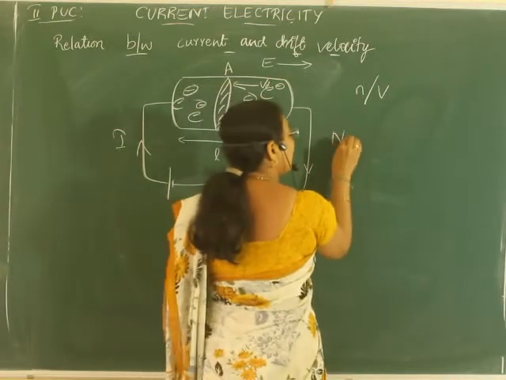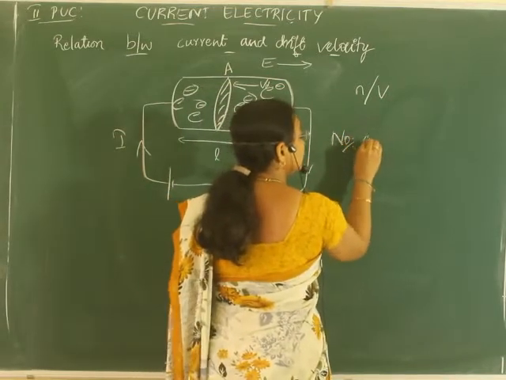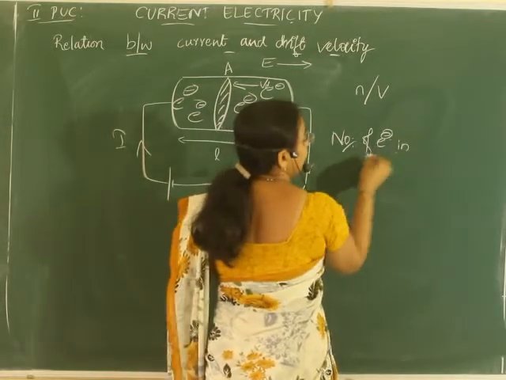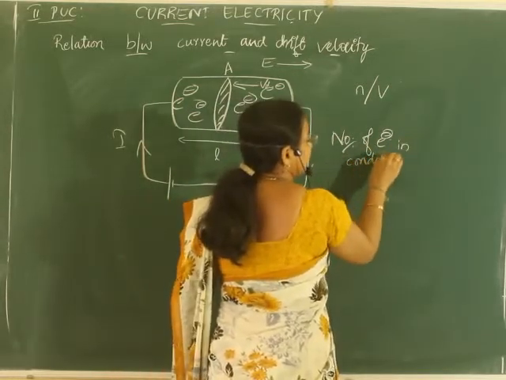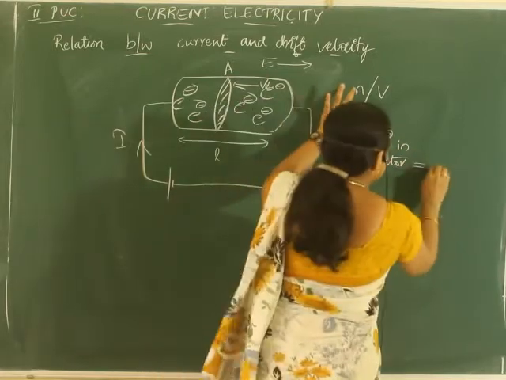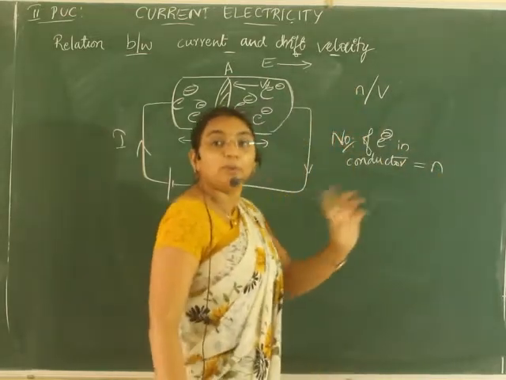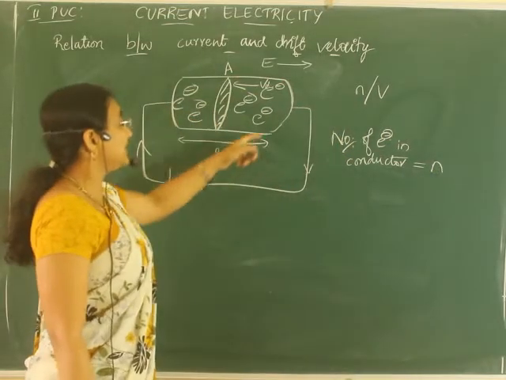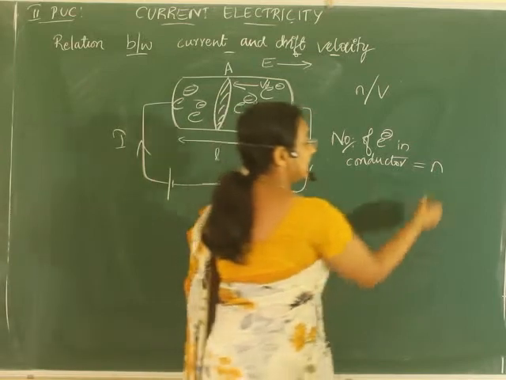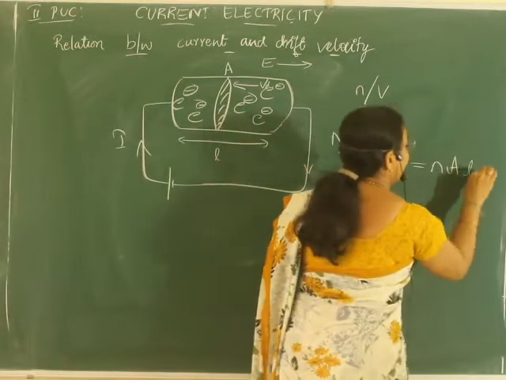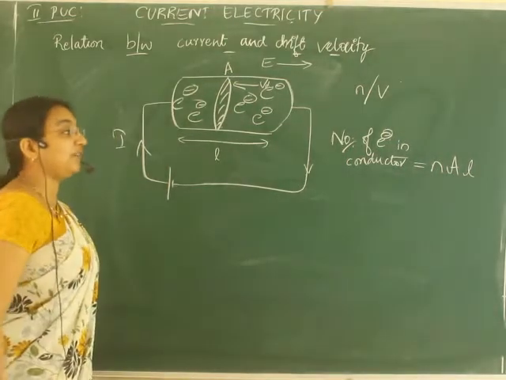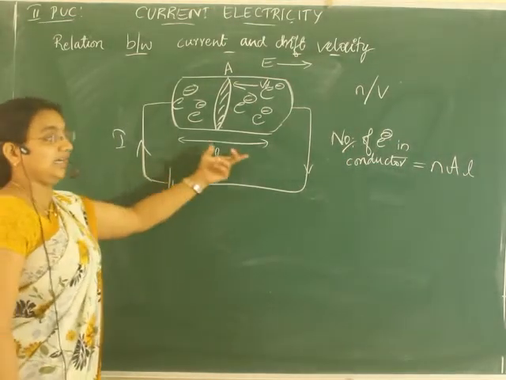So the number of electrons in a conductor is equal to n into V. But what is the volume? Volume is nothing but area of cross section into length. Correct? So nAL is nothing but the number of electrons in the conductor.